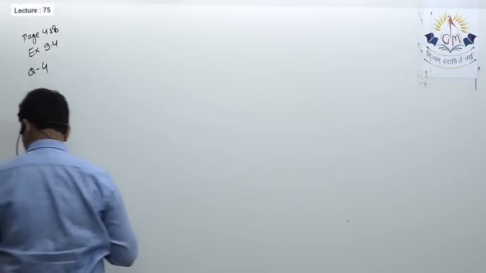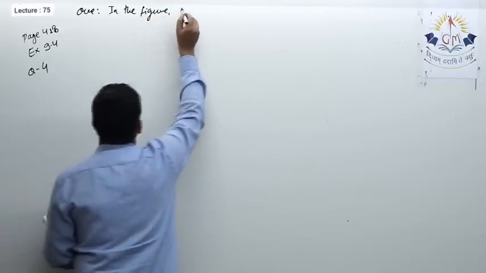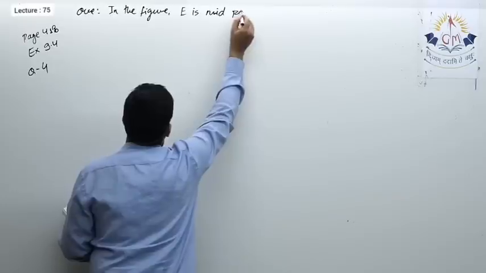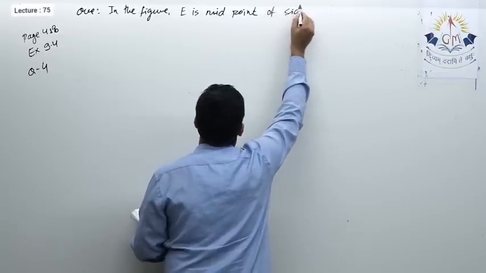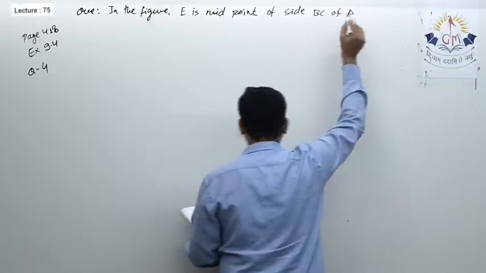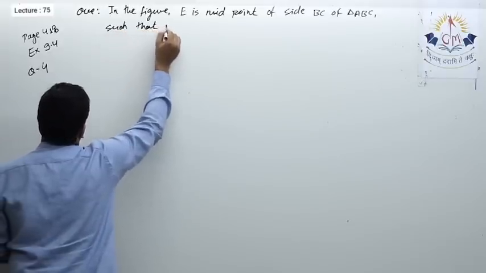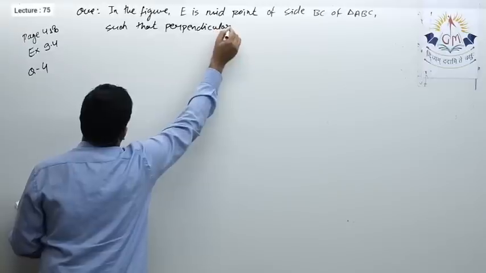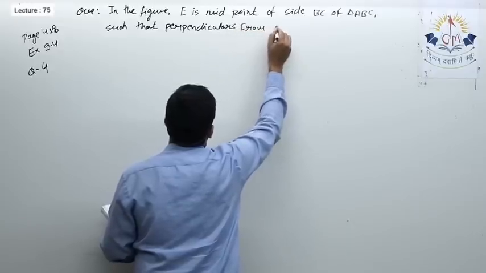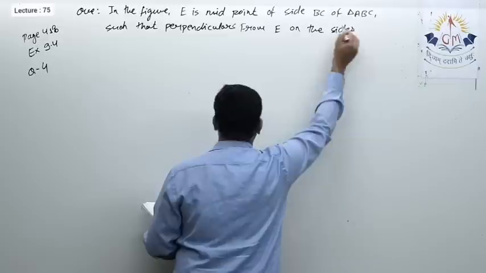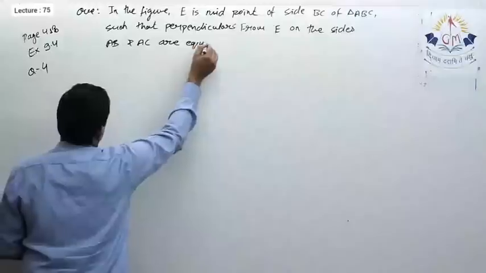Question number 4 says: in the figure, E is the midpoint of side BC of triangle ABC, such that perpendiculars from E on the sides AB and AC are equal.